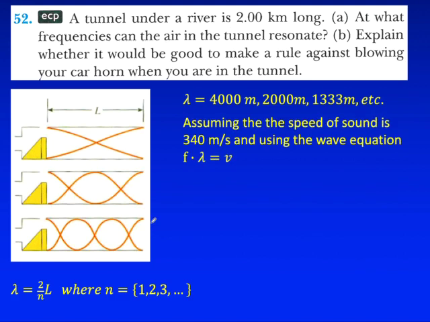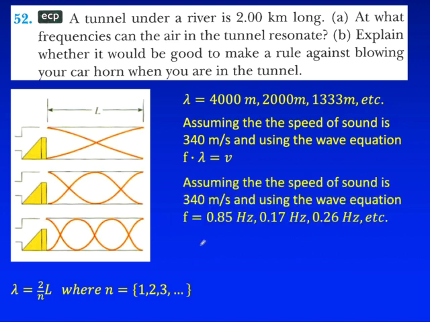And using our wave equation, frequency times wavelength equals velocity, our resonant frequencies would be 0.085 hertz, 0.17 hertz, 0.26 hertz. Something's wrong with that. One of these is wrong. You're just plugging this in for the wavelength and calculating frequency. This should be a regular pattern. I did one of these wrong.